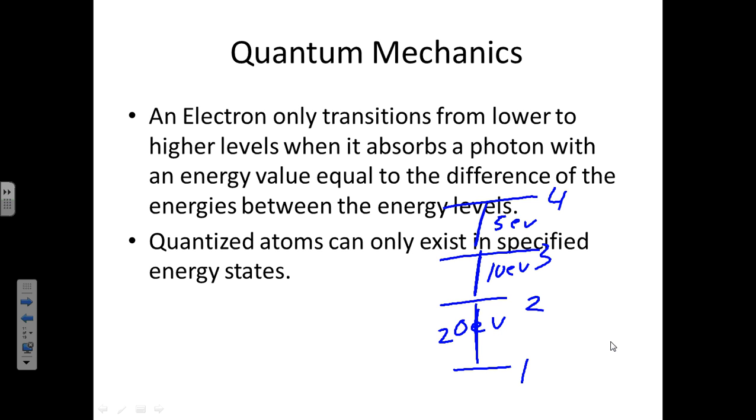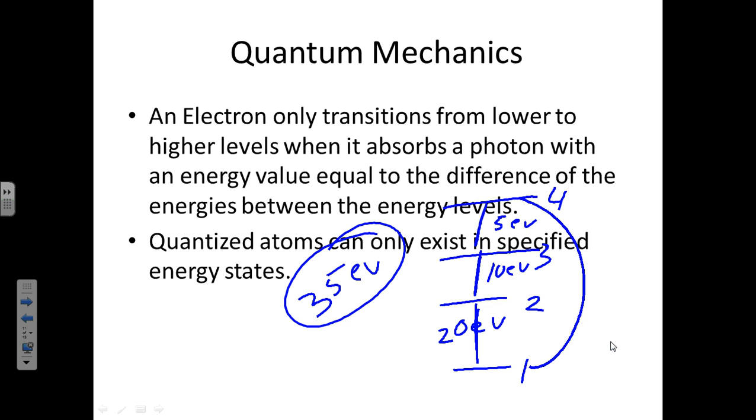If light got shined on this atom down here, and the energy of the light per photon was 35 electron volts, could that atom absorb that? Yeah, and that would make the electron do what? Jump from 1 up to 4.